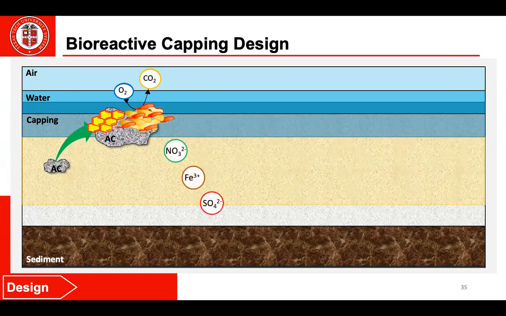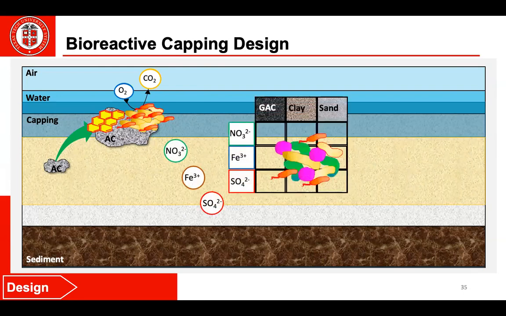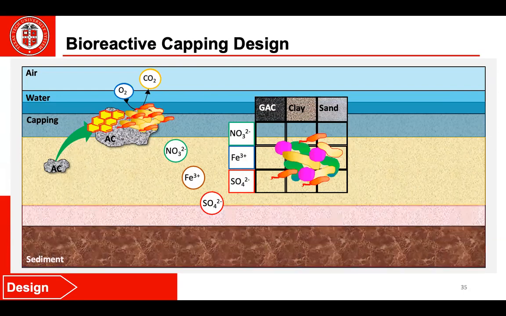You do see some transformation in that middle zone, where you're looking at a series of different electron acceptors, but the influences of the different capping materials, with the idea of promoting good microorganisms capable of biodegradation, occurred most prevalently in the clay and sands, in the activated carbon in the sand systems, and not the clay systems.